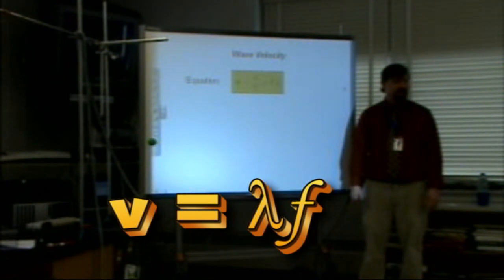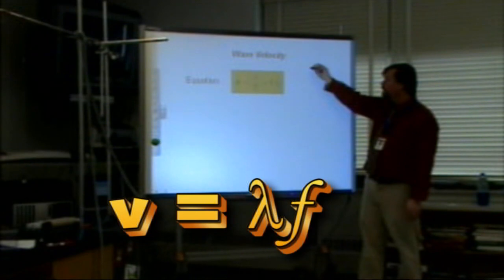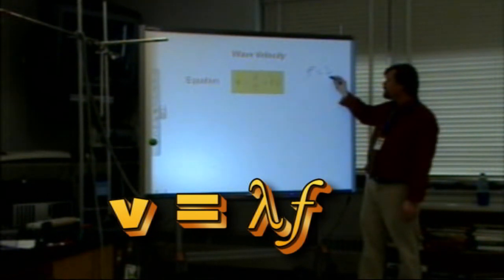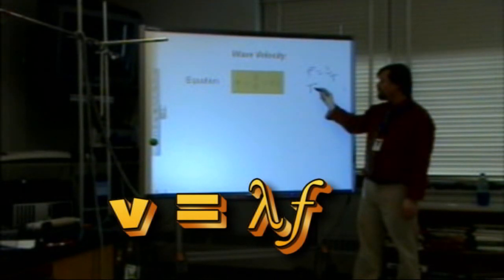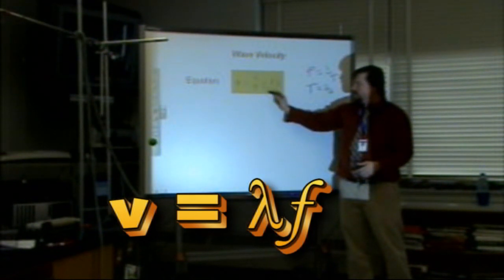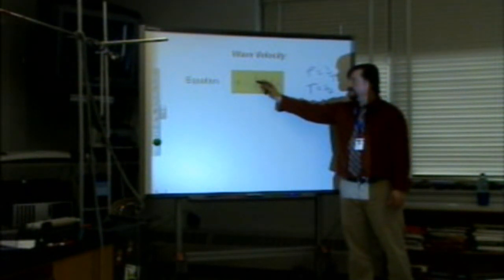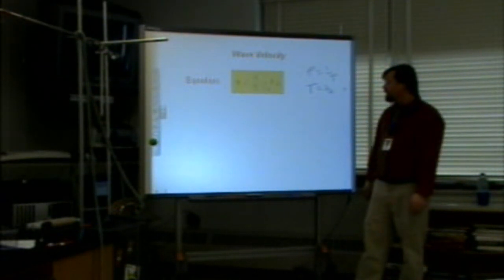So if we are given the frequency, then velocity is lambda equals f. F equals 1 over T, so we got that 1 over T, or capital T equals 1 over f. So you could have written this lambda over 1 over f, but then of course you'd have lambda times f, which would be what you have there.